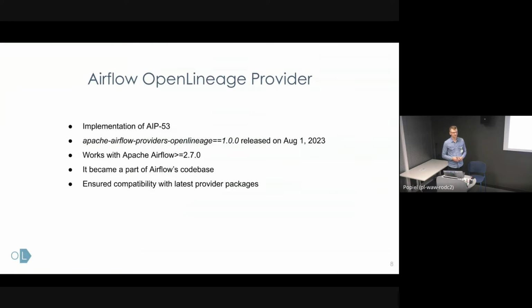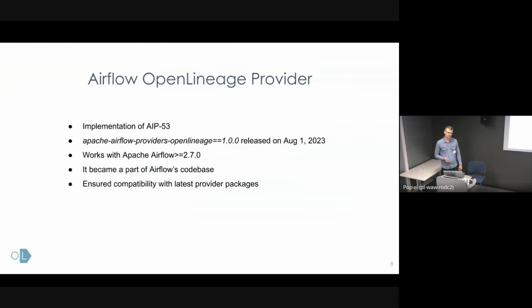It's a huge step for OpenLineage because it became a part of Airflow's code base. And relating to what Pavel said previously, with Spark, you need to deal with different versions of Spark, Scala, Iceberg, etc. We had the same issue with Airflow and Airflow providers.